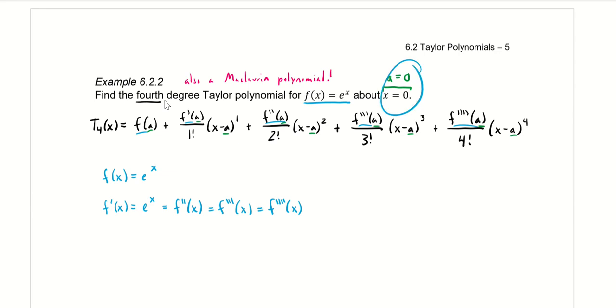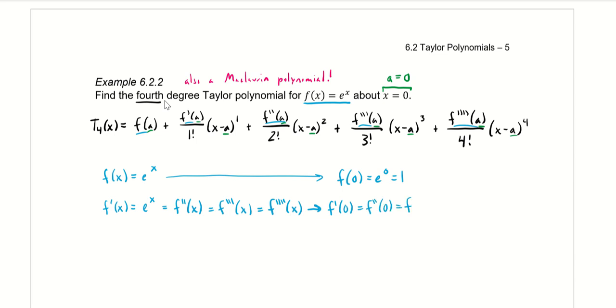And it also means that when we plug in our value of a of 0, f of 0 is going to be e to the 0, which is 1. And for this, we have f prime of 0 is going to be equal to f double prime of 0, which is equal to the third derivative at 0, which is equal to the fourth derivative at 0.